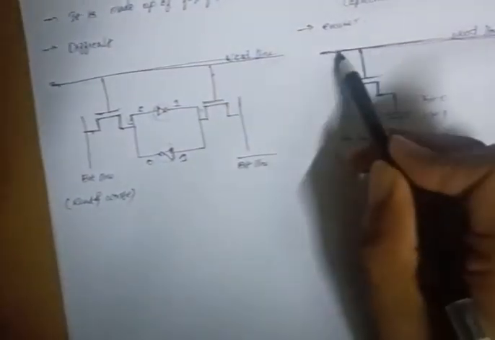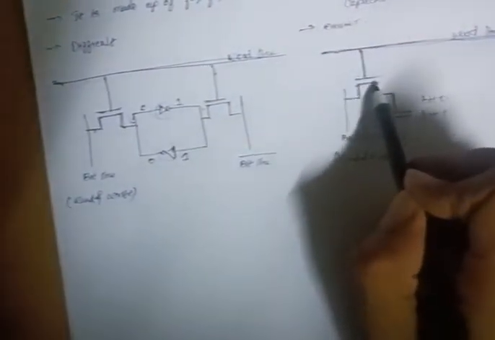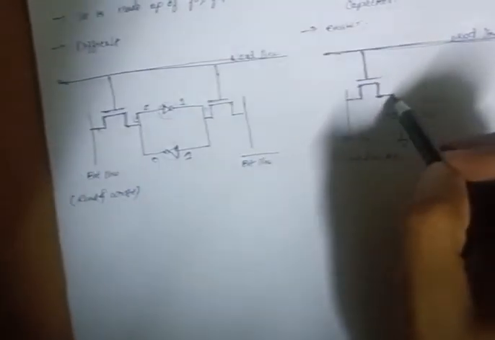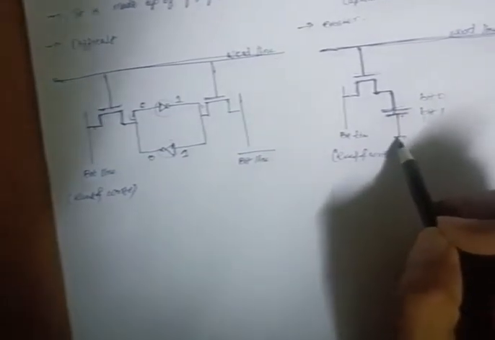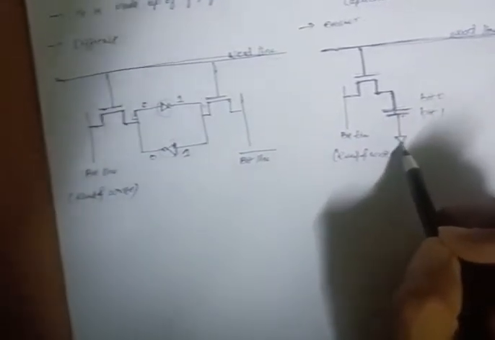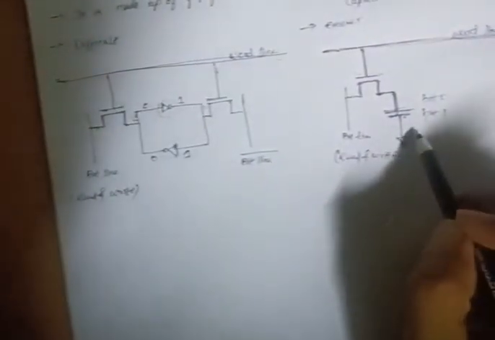When the word line is active low, the transistor will be off, and the capacitor will lose its charge, its voltage. It should not be lost, but practically it will be lost. So we need a periodic refresh here.